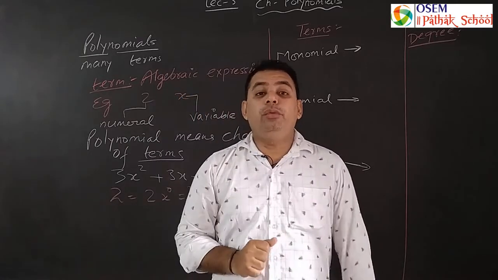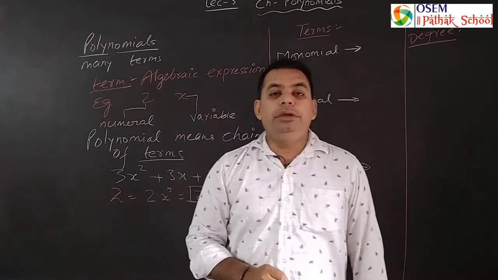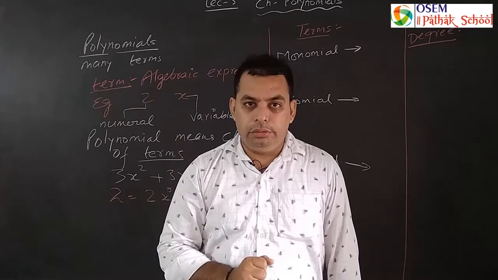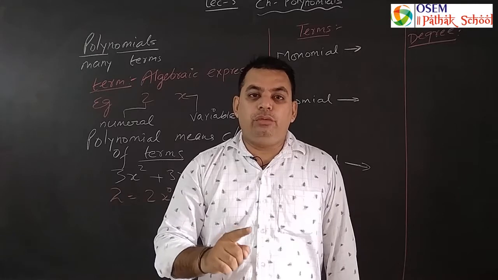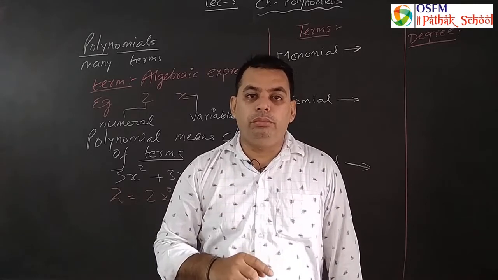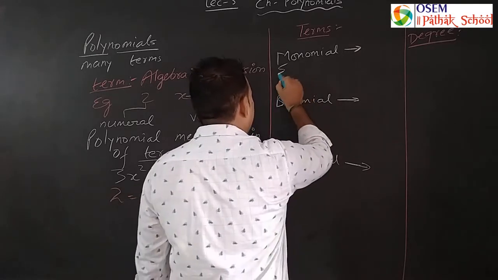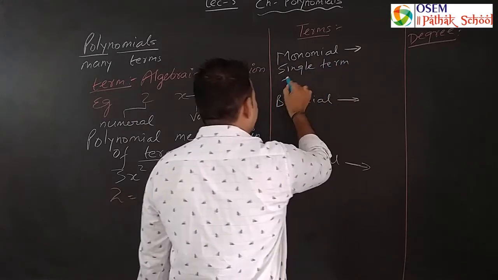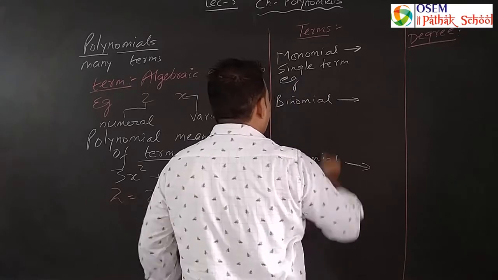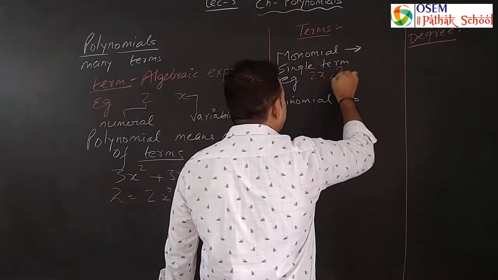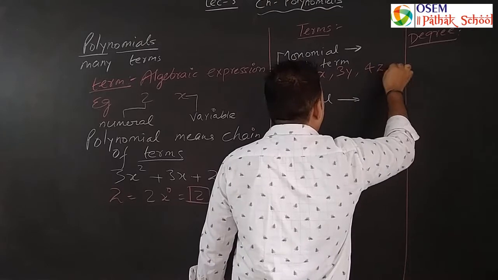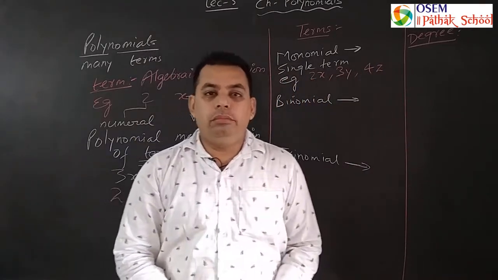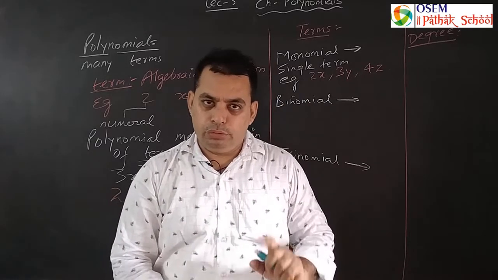Now, what is a monomial? A monomial means a polynomial that consists of only a single term. A polynomial that has only a single term is known as a monomial. Example: 2x, 3y, 4z. You can see over here it is a single term, so it becomes a monomial.